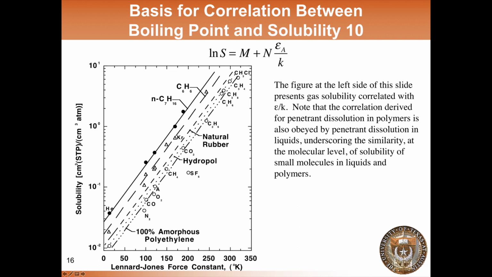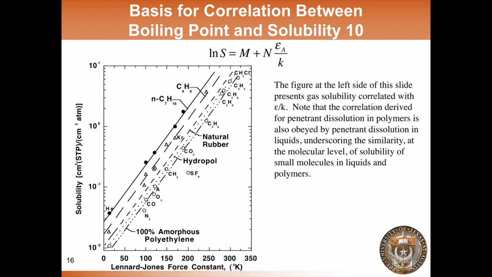It's much lower than one would predict based on its Lennard-Jones force constant. And it turns out, as we'll see a bit later, that hydrocarbon-based polymers and penetrants that have substantial fluorinated character don't mix together well.